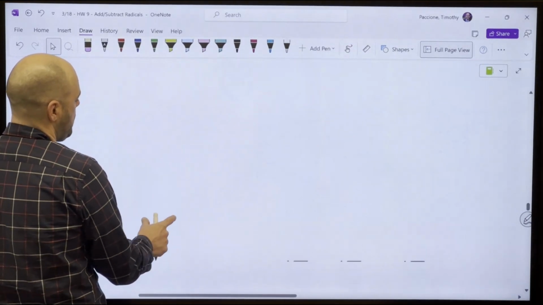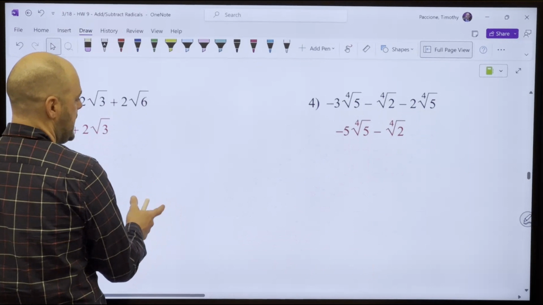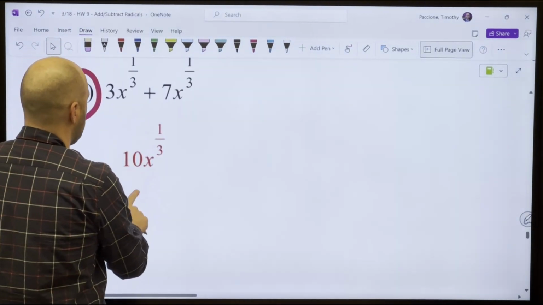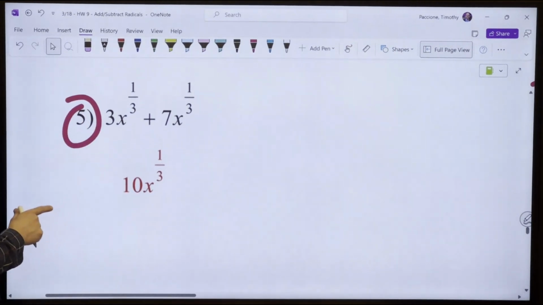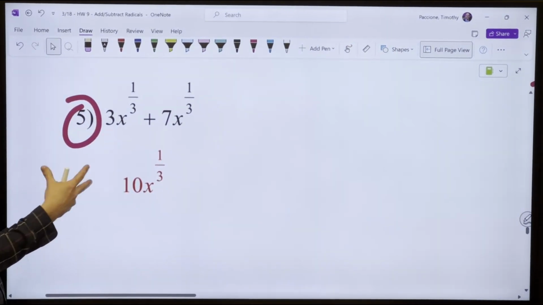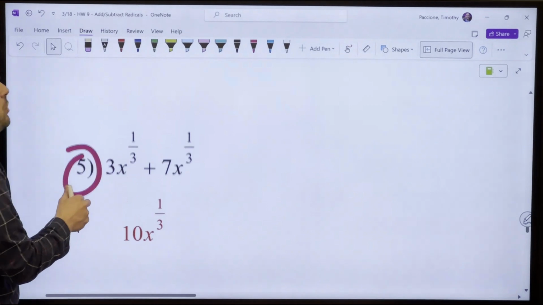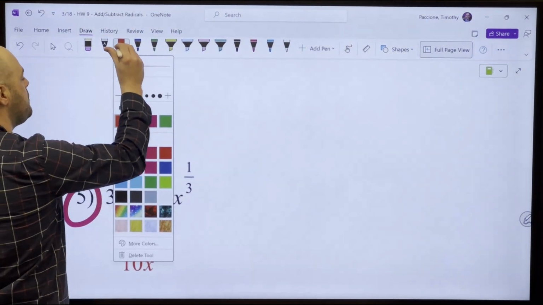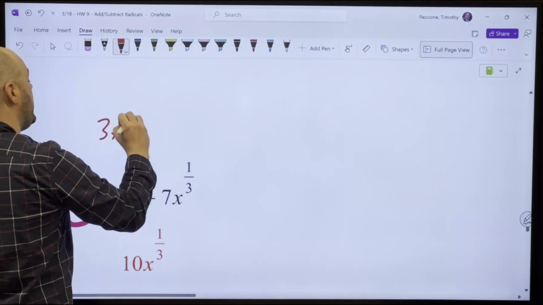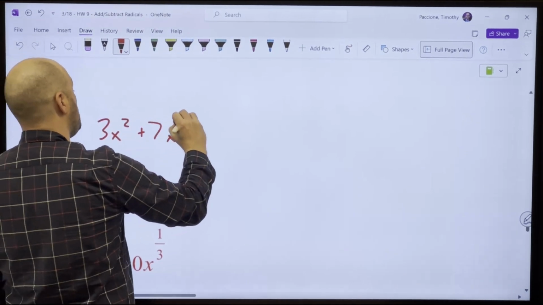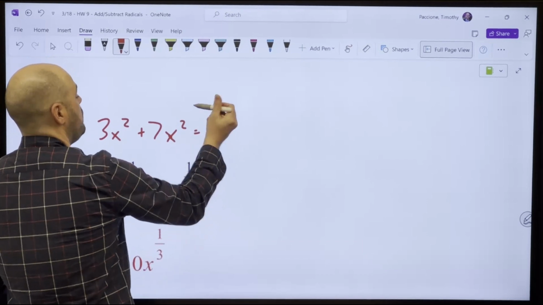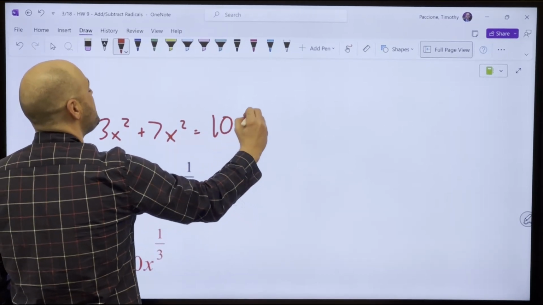All right. Moving along, the next one we wanted to see was 5. Well, 5, there's two ways you could do this. You notice that they left their answer in exponent form, right? We were dealing with radical form. But if you had like 3x squared plus 7x squared, you would say that's what? 10x squared, right?